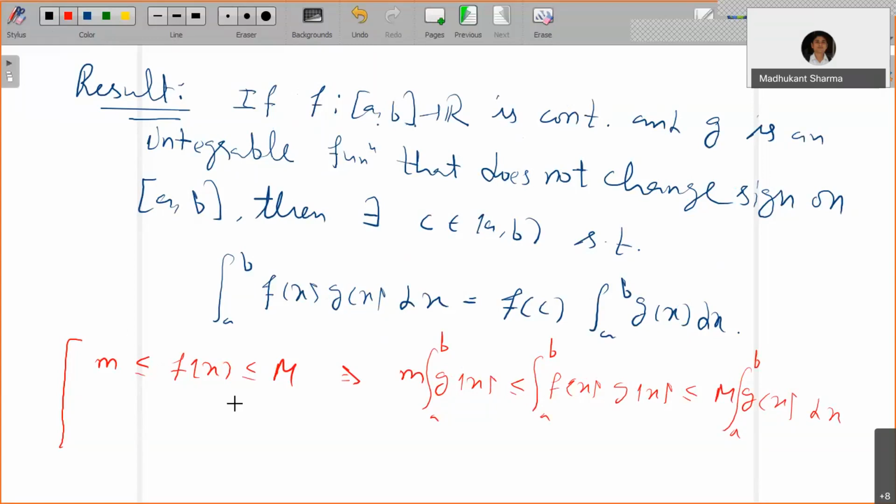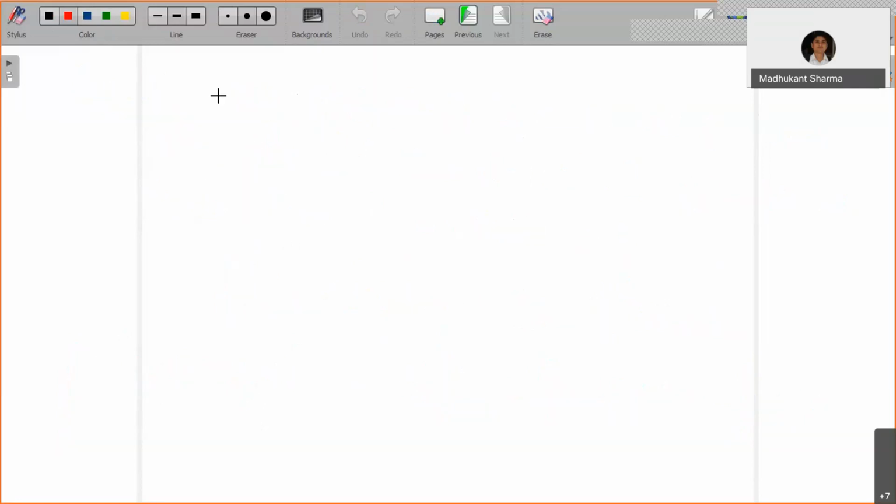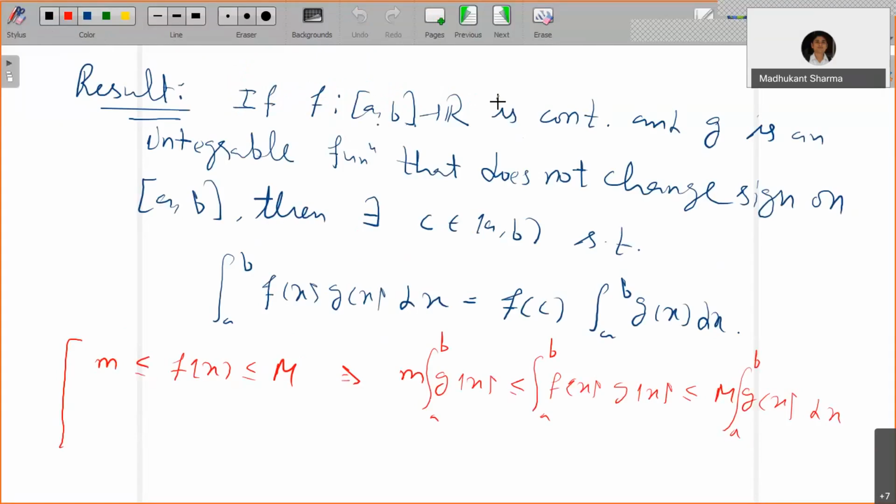So if this integral value is 0, then there is nothing to prove. Okay. So you assume that this integral value is non-zero. Without loss of generality, you can assume that the integration from a to b of f of x g of x dx is non-zero.